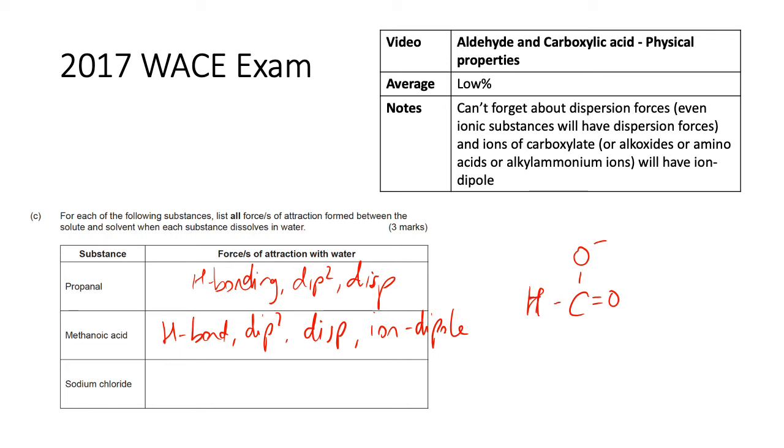Those methanoate ions have a negative charge, and they're going to attract the positive end of the water molecules, and so therefore they're going to have ion dipole bonding. I would have thought that methanoic acid didn't have ion dipole, but that's apparently what the answer says, so go figure. It's just that idea that the carboxylate ion will have ion dipole bonding.